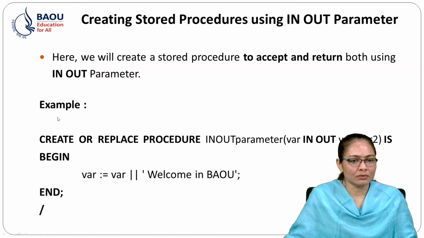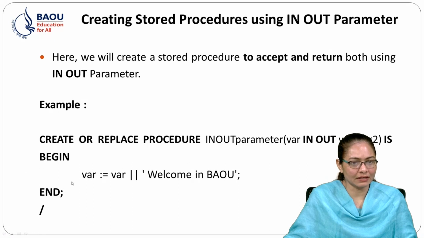Now in this example, create or replace procedure, then procedure name. You can give any name of the procedure. In the bracket, where, then IN OUT, then varchar2, then IS. In this, BEGIN and END.